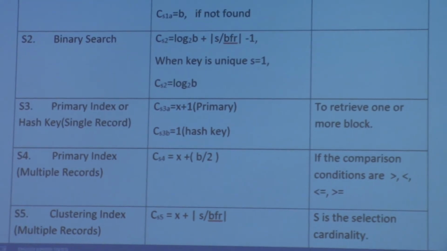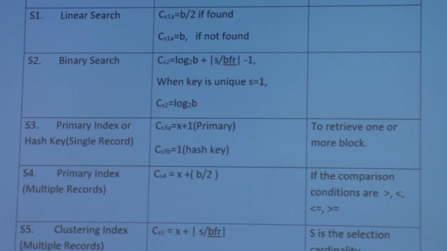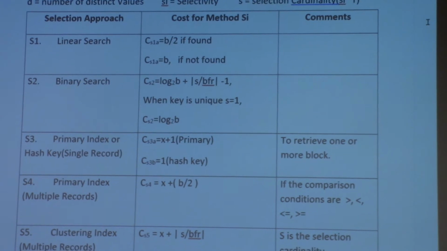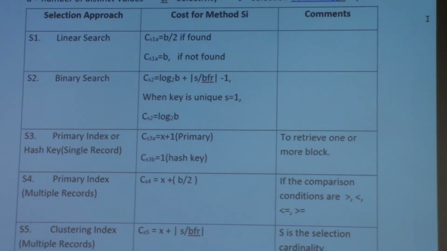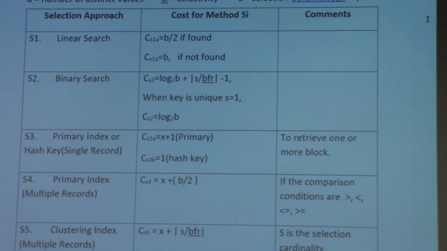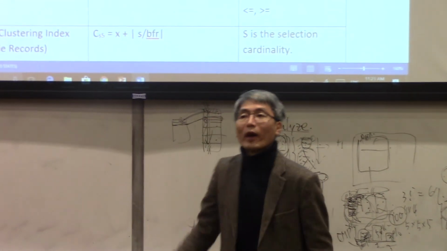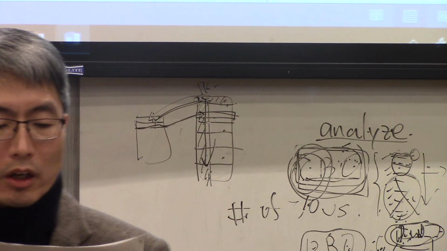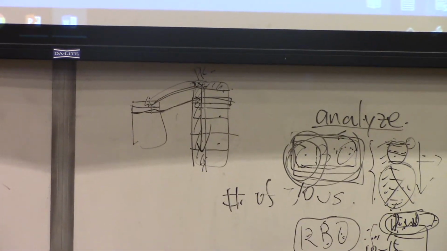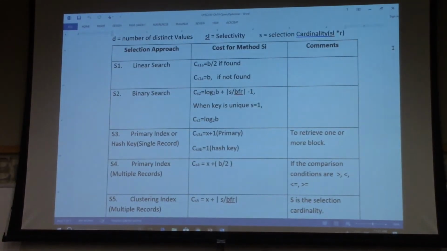The next one is the primary index, but it will be different. If we access only one record, we find it and go to it. However, in the case of a range query using the primary index, once you find the first record, you need to do the range query. So the range query of the primary index is S4.